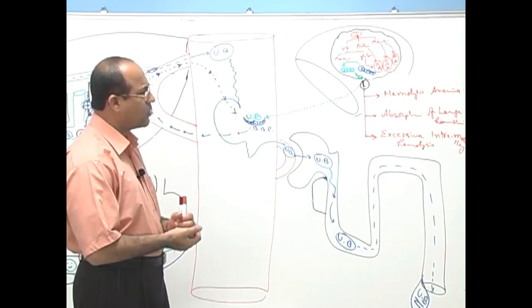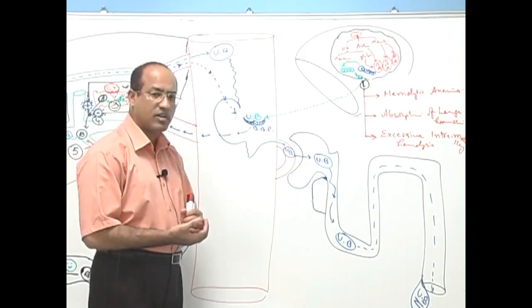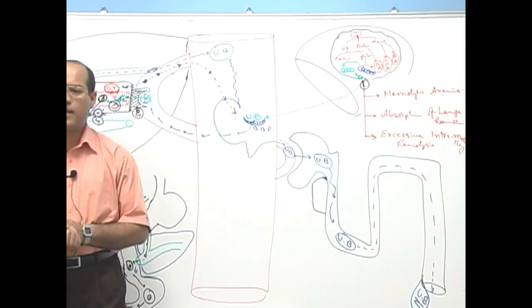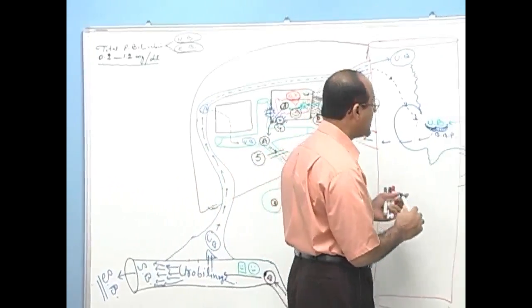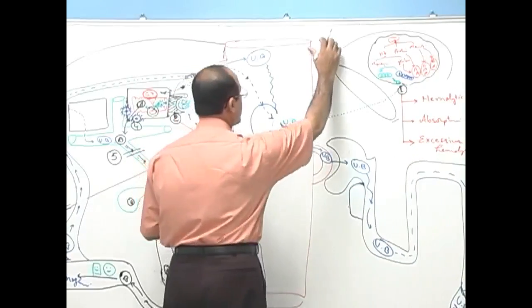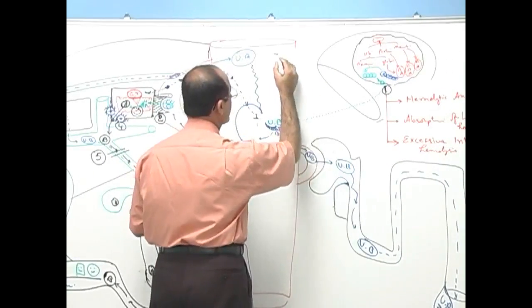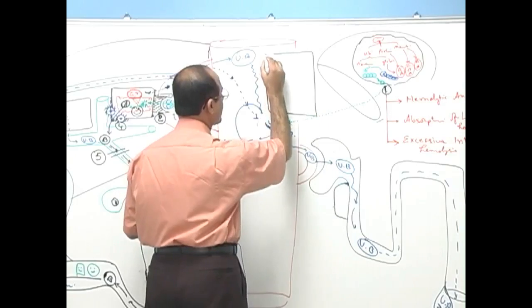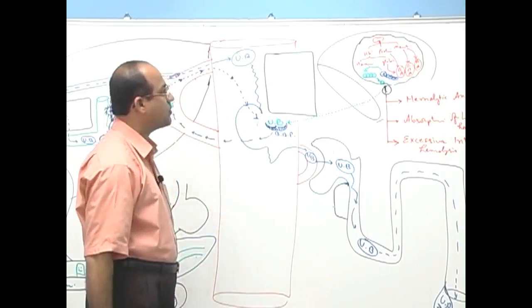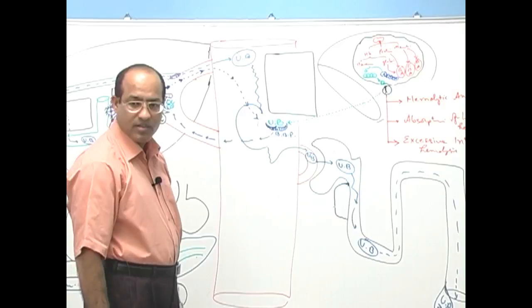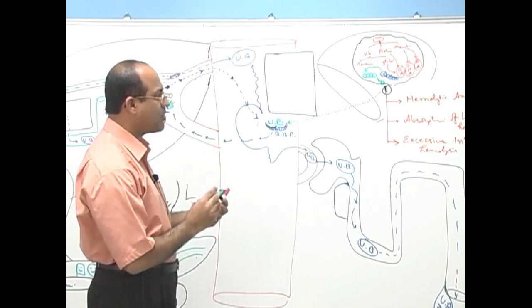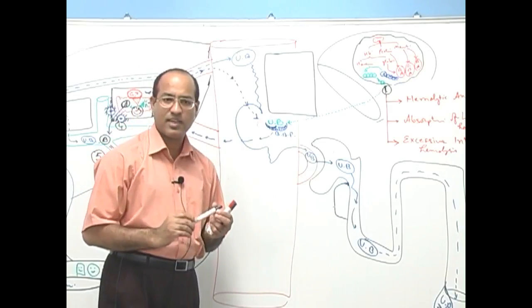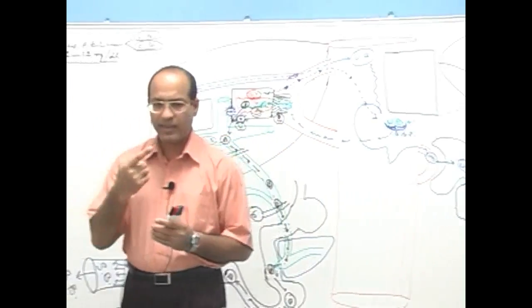Now, how do you really know, let's suppose a patient comes with jaundice, that the problem is prehepatic? Let's talk about the parameters related to that. These are the investigations or some important pointers. I will cover the clinical scenarios later in the lecture.